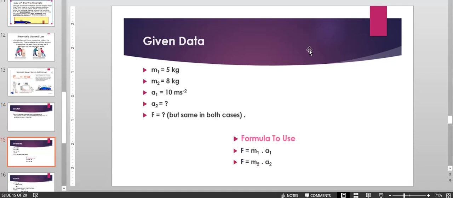So here in this instance, we are given the mass of the first object as 5 kg and the mass of the second object as 8 kg. The acceleration of the first object is 10 meter per second square, whereas the acceleration of the second object is unknown.